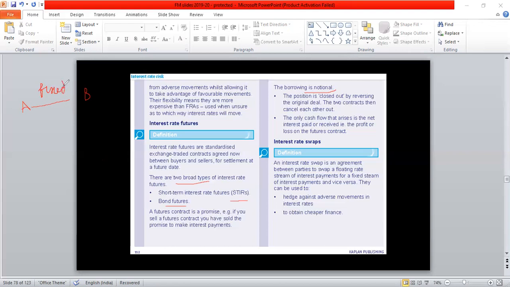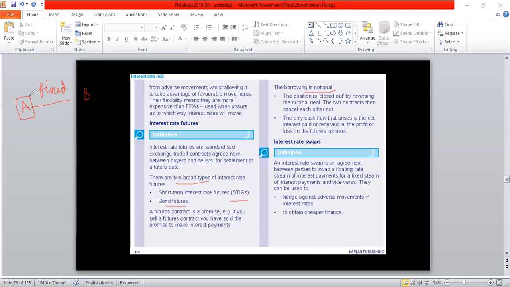When A has entered into an agreement at a fixed rate of interest, he would be benefited as long as, if A has to receive interest at a fixed rate, the fixed rate is higher than the prevailing rate.